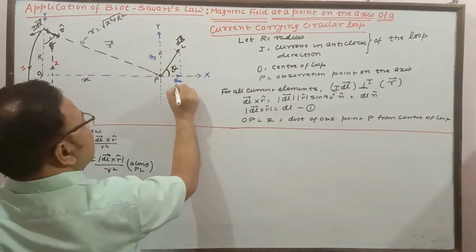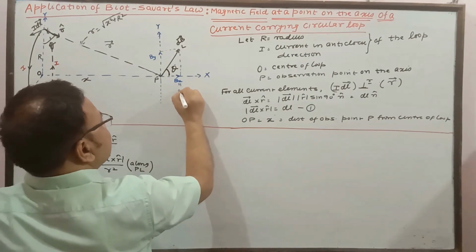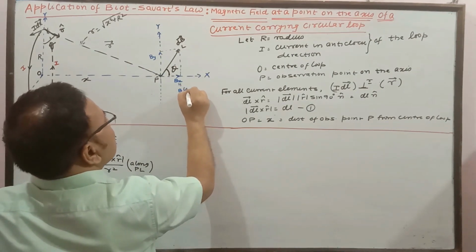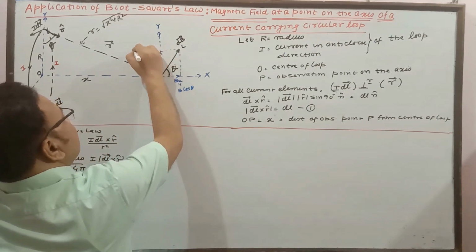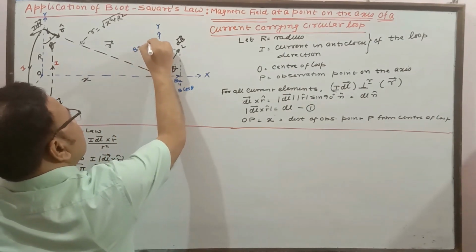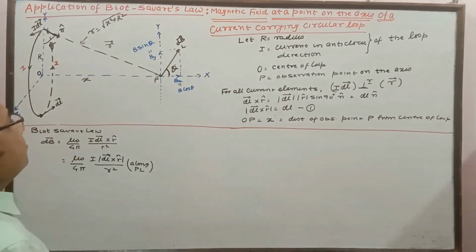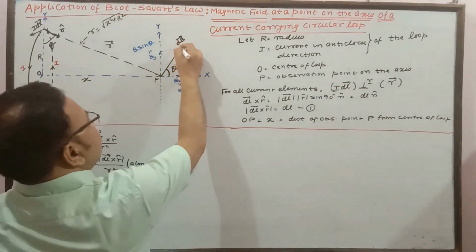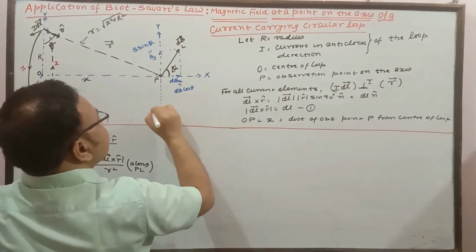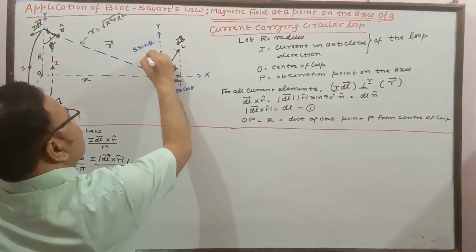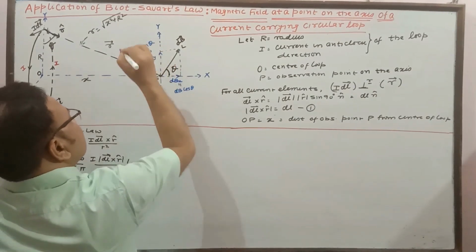If you resolve, bx equal to b cos theta, and by is equal to b sin theta. If this is b, but actually here this is not b but it is db, so we will write this as dbx equal to db cos theta, and dby is db sin theta.